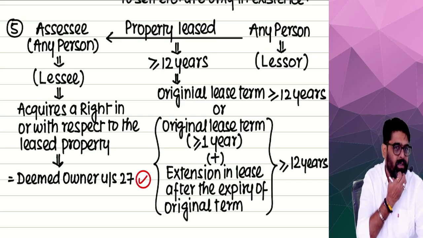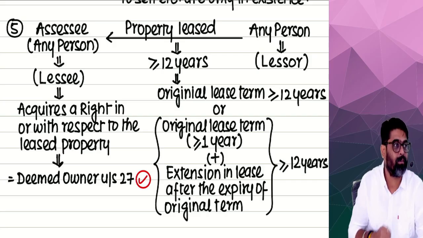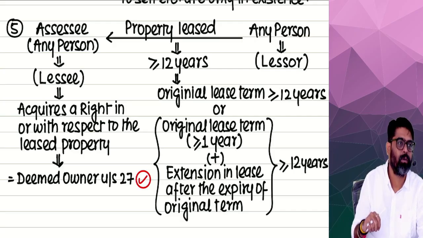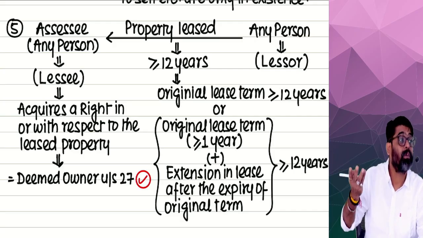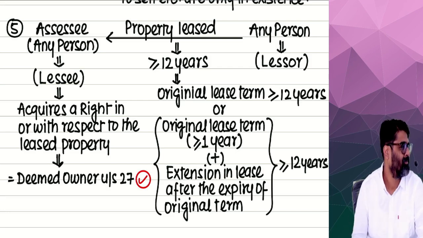You might have heard that agreements for property are usually made for 11 months. Have you heard about it? Whenever you take property on rent from someone, the person giving the property will make a leave and license agreement, a rent agreement, for 11 months only. Why 11 months?